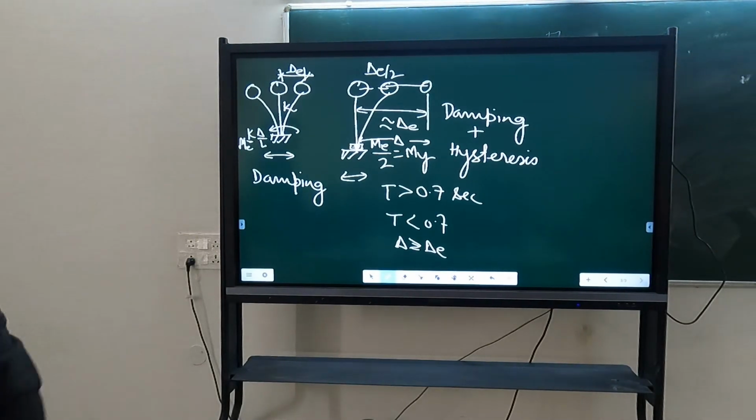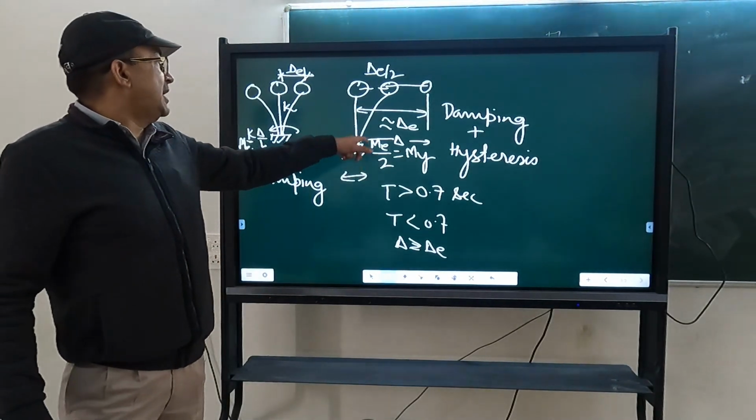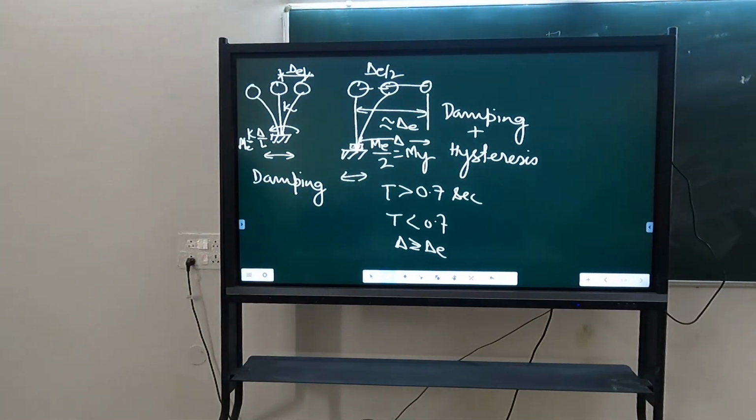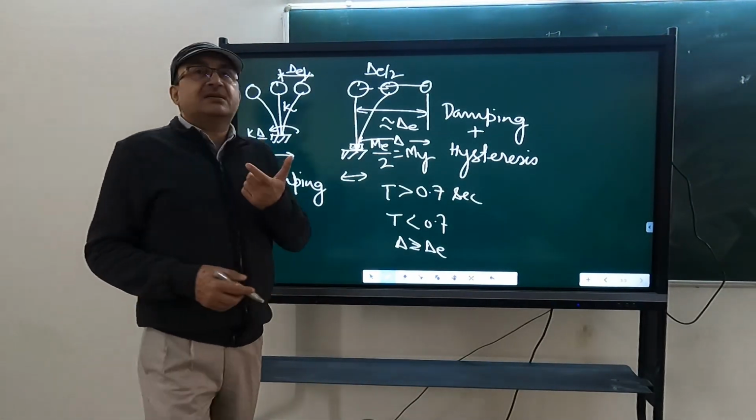Calculate and tell. If I have designed only for half of ME, that is ME by 2, how much is R? In this case, what is the value of R? 1? Elastic range. Arey bhai, if I designed for half, how can it become 1? It will be mu. Ductility. What is R?